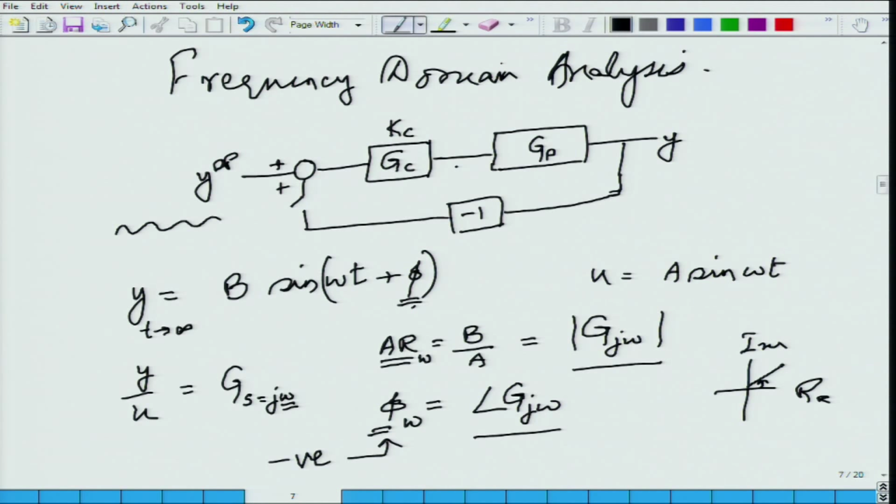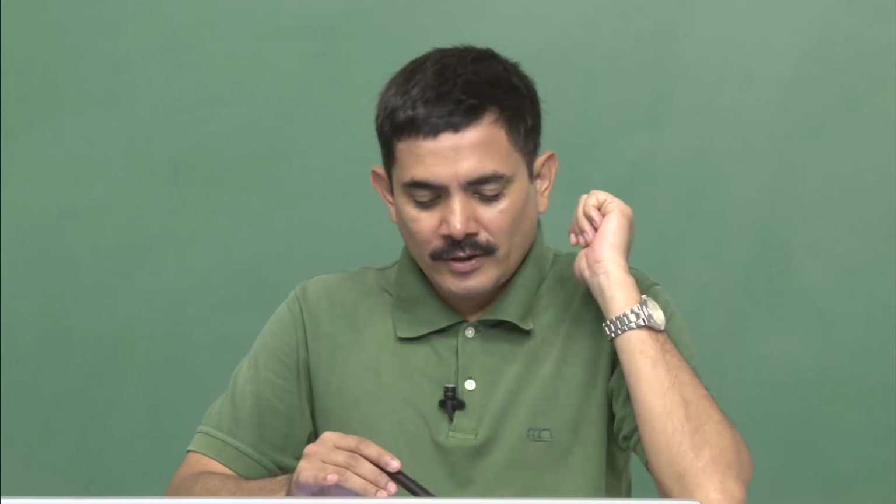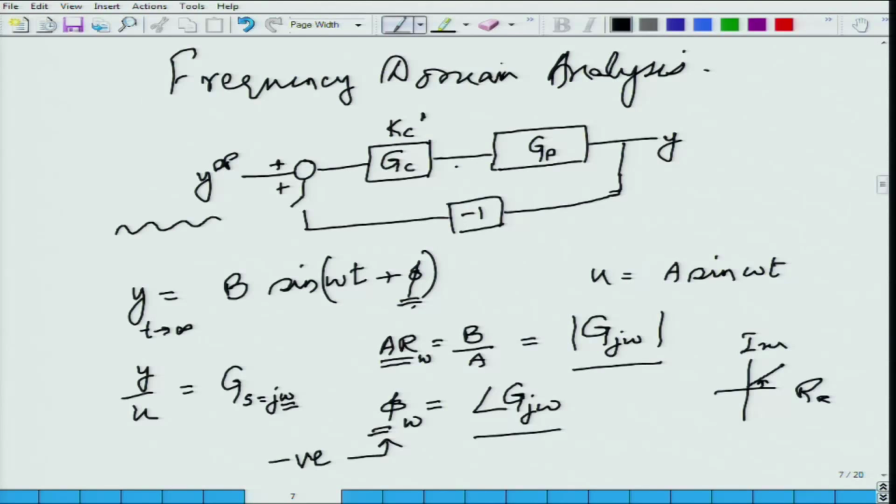So, now let us say I start cranking up Kc. Intuitively you can see that if the frequency of the input sine wave is the same and the amplitude of the input sine wave is the same, and I am cranking the gain up, I will get a sine wave which is magnified larger because you are multiplying it by a larger number. Okay.